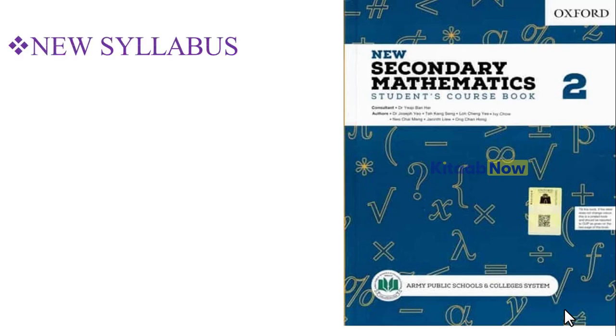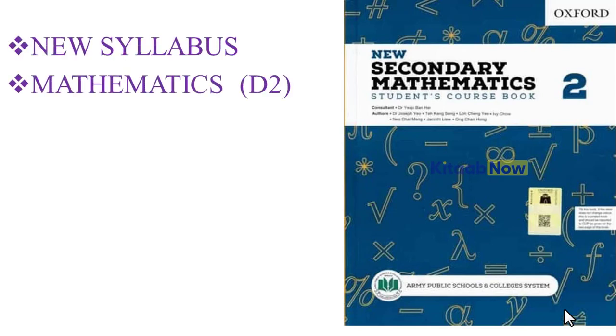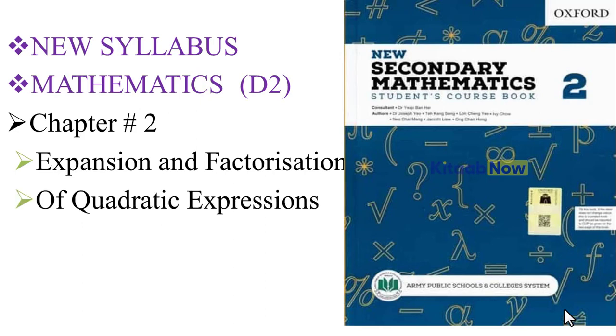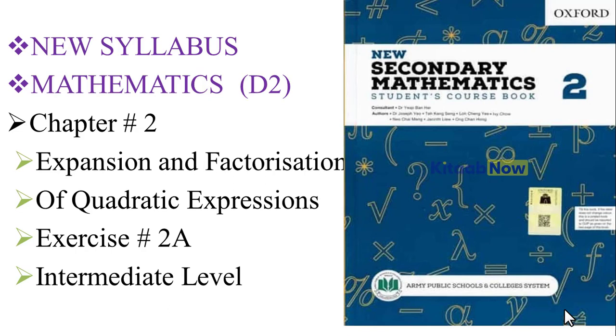Today we will solve new syllabus Mathematics D2, chapter number 2, Expansion and Factorization of Quadratic Expressions. Today we will solve chapter number 2, exercise 2A, intermediate level, question number 6 to 8.